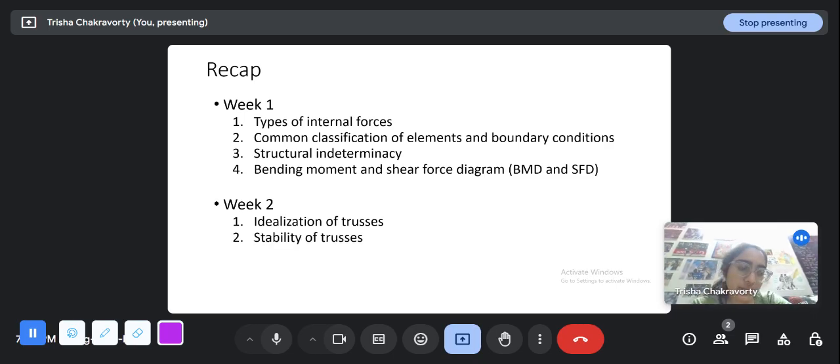Stability of trusses is slightly different from stability of beams. There were some additional factors that we saw: all the support reactions of a truss cannot be parallel, cannot be concurrent, cannot be collinear. In that case the truss will be unstable.